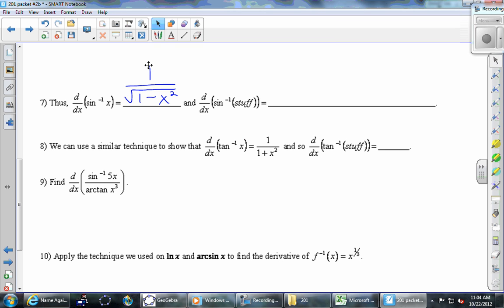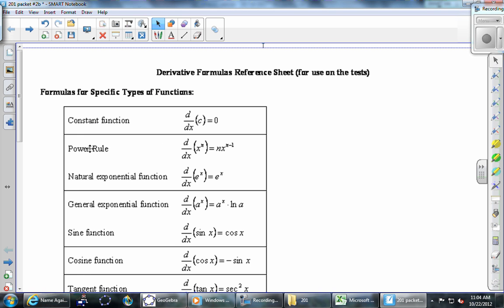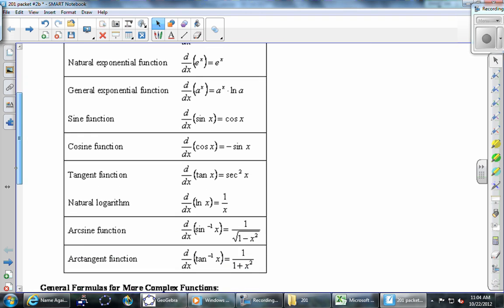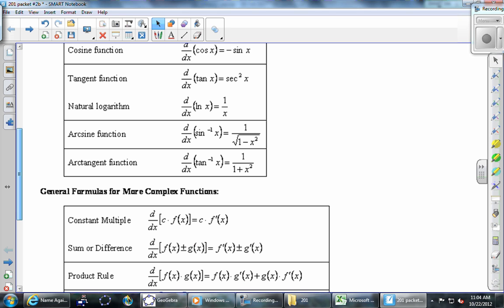And just to make sure that we're all okay, I will point out, and we'll look at this again in more detail next class, that on the very first page of this packet is this derivative formulas reference sheet, which right before the test you're going to rip off and use on the test, in addition to the one piece of paper you're going to make of your own choosing. All the derivative rules we have seen so far are here, including the one that we just saw.